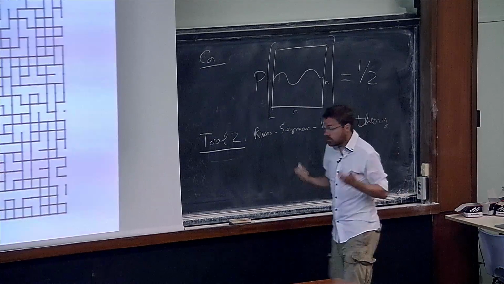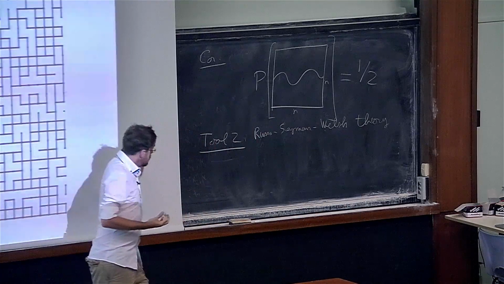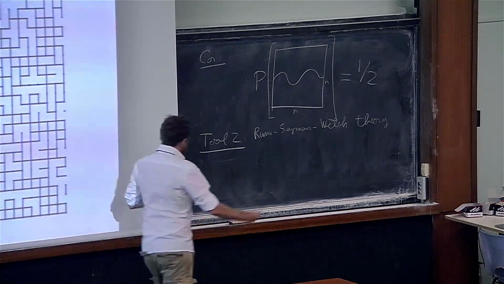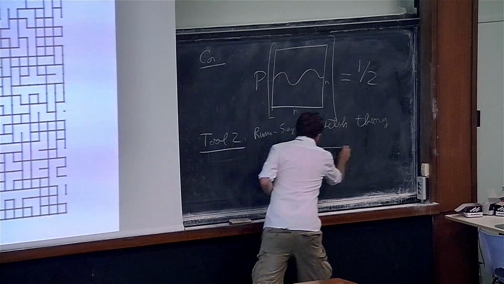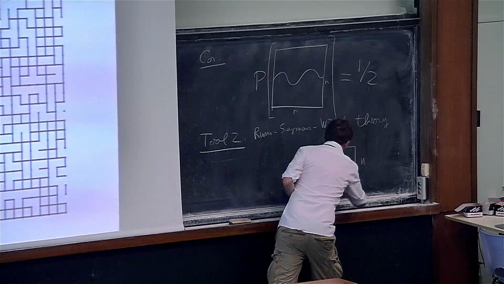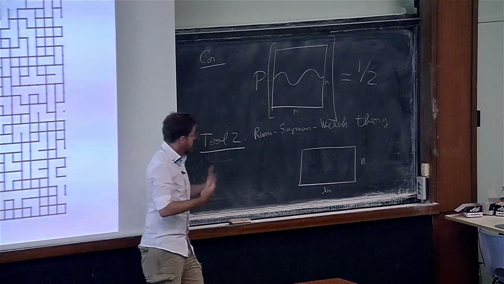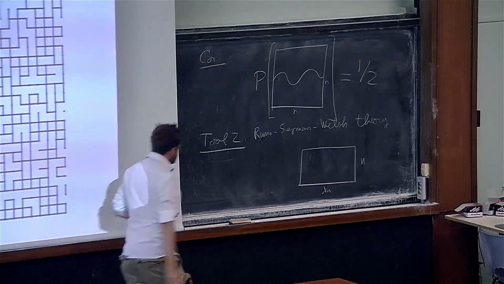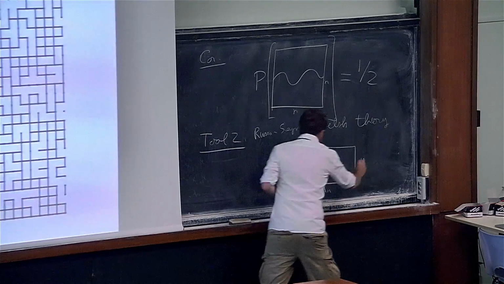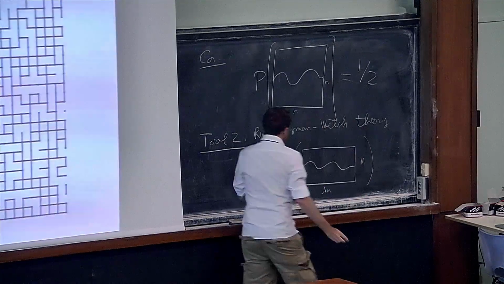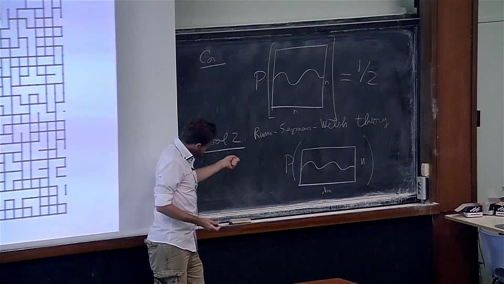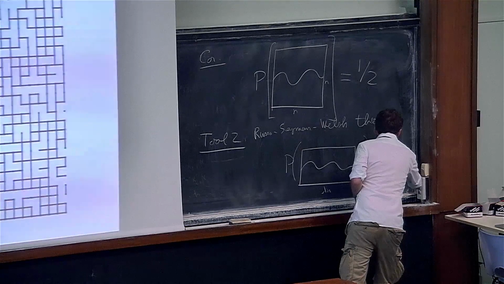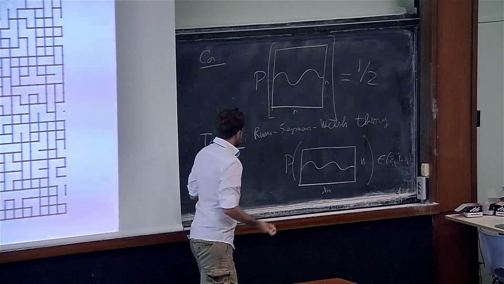or technology, or whatever. It's a whole construction, and the main output of the construction is that if you take a rectangle of size n by lambda n, and lambda is fixed, it's the shape of the rectangle, but n is going to go to infinity, and you look at the probability that there is a crossing, then this probability is between epsilon lambda and 1 minus epsilon lambda for all n.